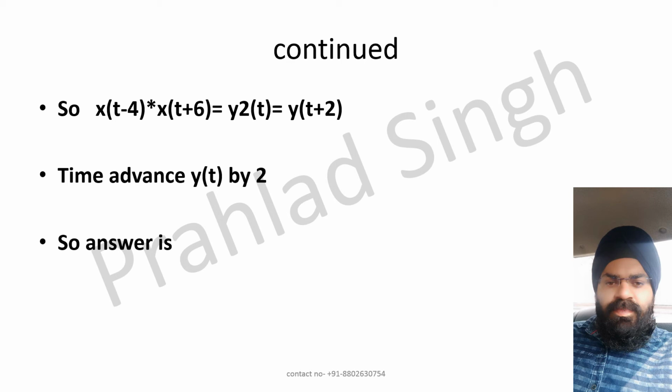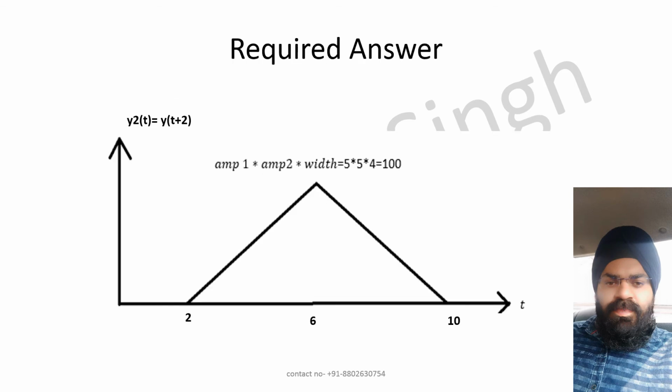So the original signal y(t) is time advanced by 2. So our required answer is the original signal y(t) time advanced by 2. The signal y(t) is from 4 to 12, so y(t plus 2) will be from 2 to 10. It is advanced by 2 units. So this is our answer.